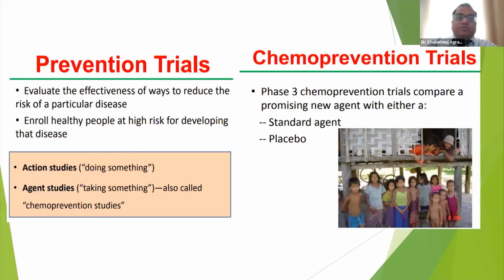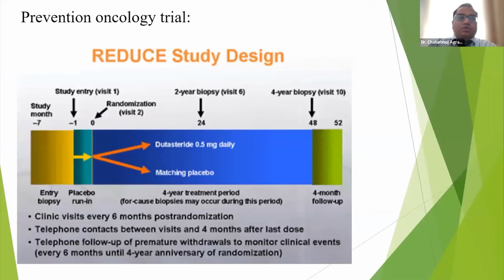So prevention trials and chemoprevention trials that we have seen in the previous slide. This was the trial which I wanted to emphasize, the REDUCE study design. There were telephonic and clinical visits every 6 months, pre-randomization, then study entry, then randomization, and from randomization the subjects were randomized to either dutasteride or matching placebo, 0.5 mg daily, and then at 2 years the biopsy was done.